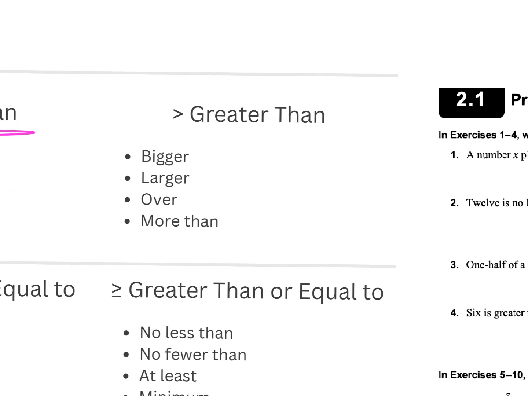Greater than, okay, so the size of the building is greater than 100 stories tall. The dog is larger than 20 other dogs put together. I don't know. His winnings were over $50, and we have watermelons more than the next 100 stores combined.